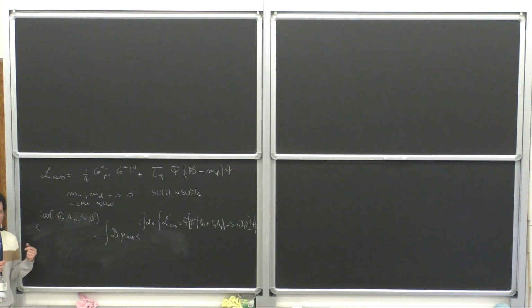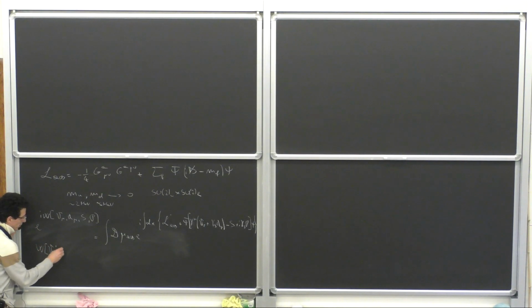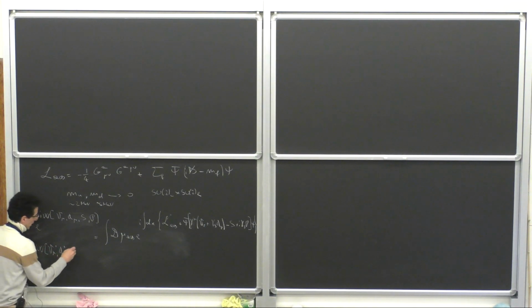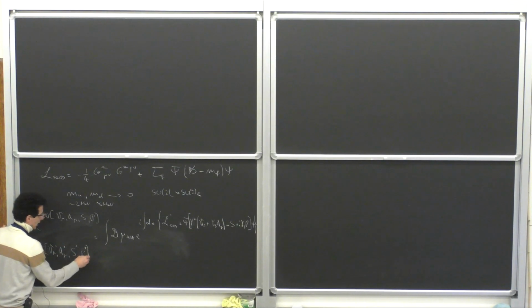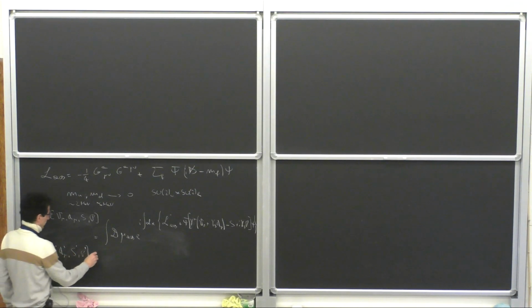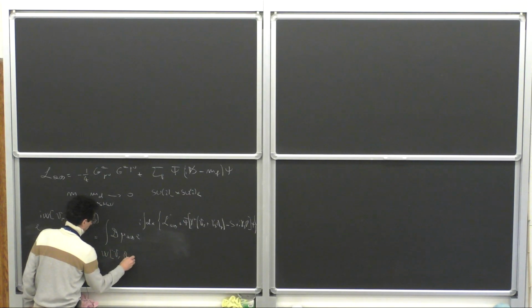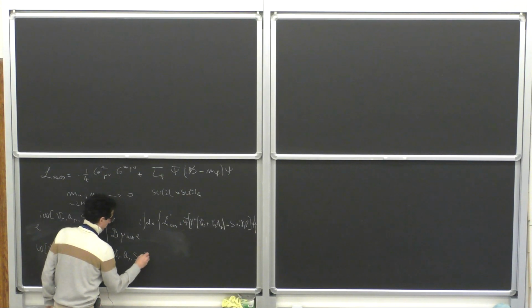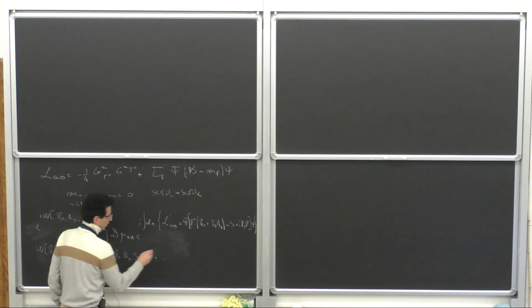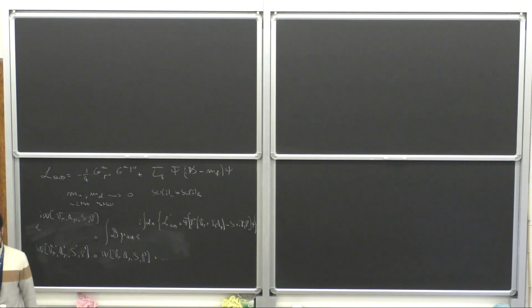All these Ward identities are contained in a simple equation: the fact that this functional is invariant if we transform the sources in the following way. Okay, there is also a remainder which corresponds to the chiral anomaly.